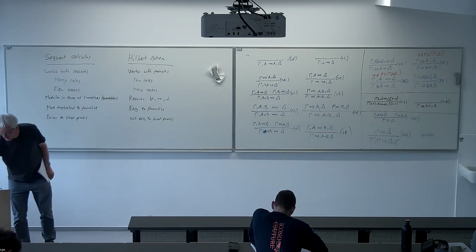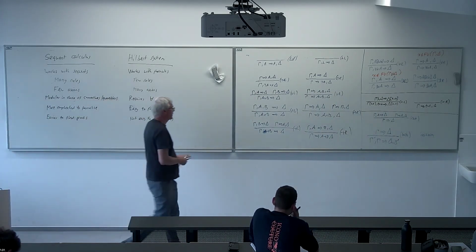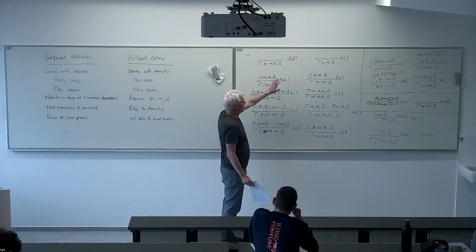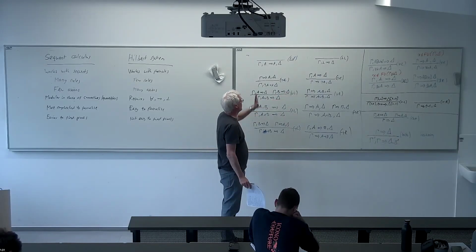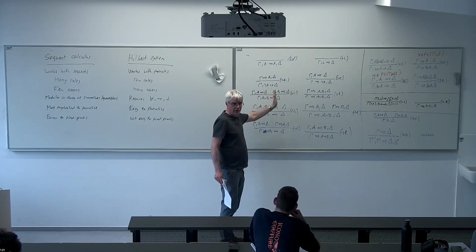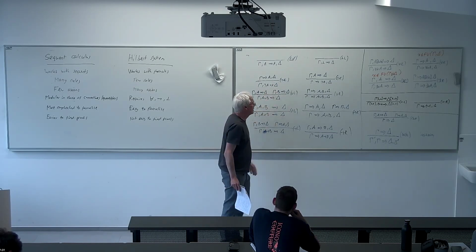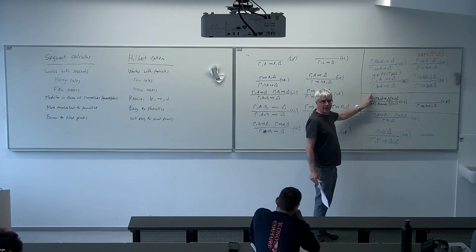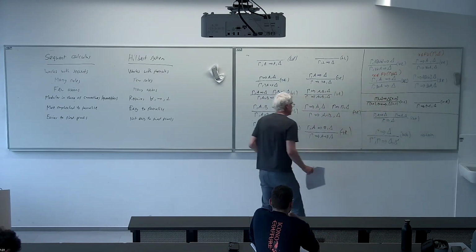And these rules in blue are then all the rules for sequent calculus for first order logic without equality. And if we put the rules in black in, that's all the rules for sequent calculus for first order logic with equality.